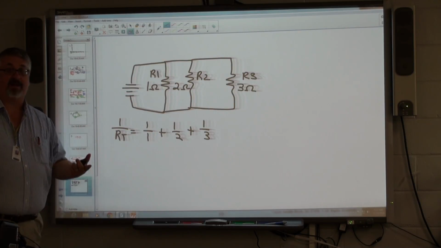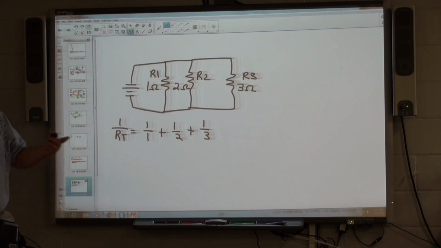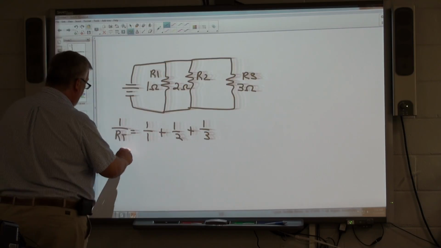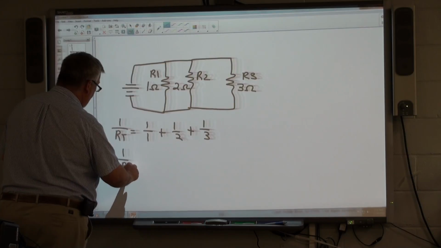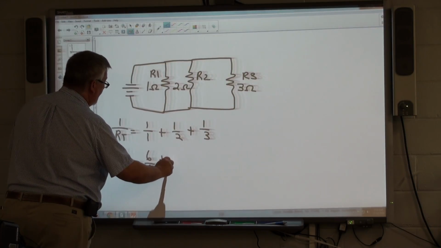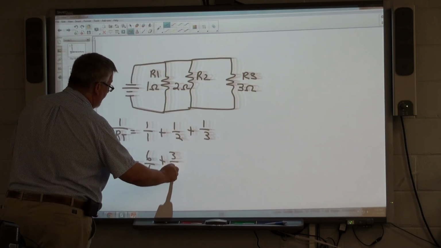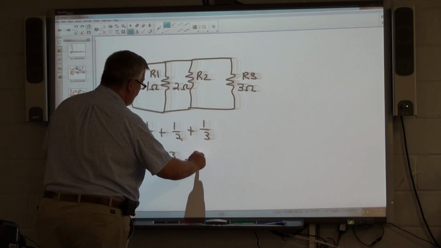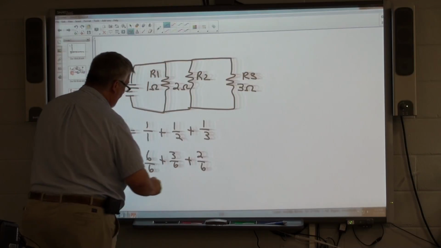Now we've got to do our common denominators, right? I can't add those fractions. What's my common denominator? 6. 1 over RT equals 6 over 6 plus 3 over 6 plus 2 over 6.